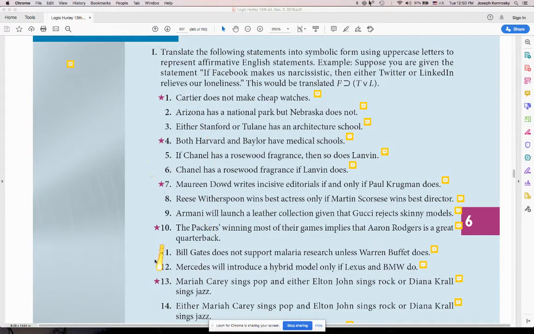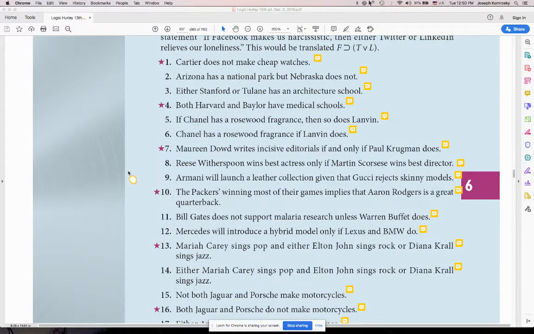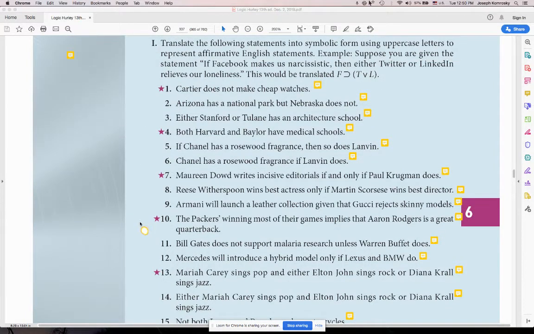And you're going to have to translate these using symbols. You're looking at this thinking, what in the world am I looking at, right? Well, we'll find out. This is a wedge. This is a horseshoe. And these letters represent simple statements. By the time you're done with my mini lecture, you'll be able to come through here and pretty easily see how to do this. But I'm taking you here first.